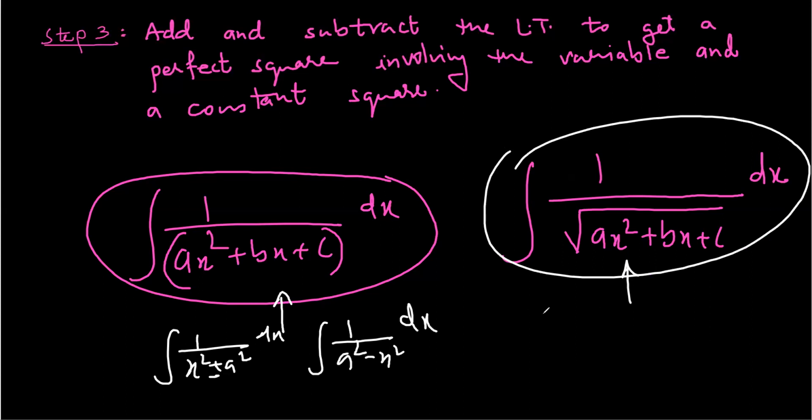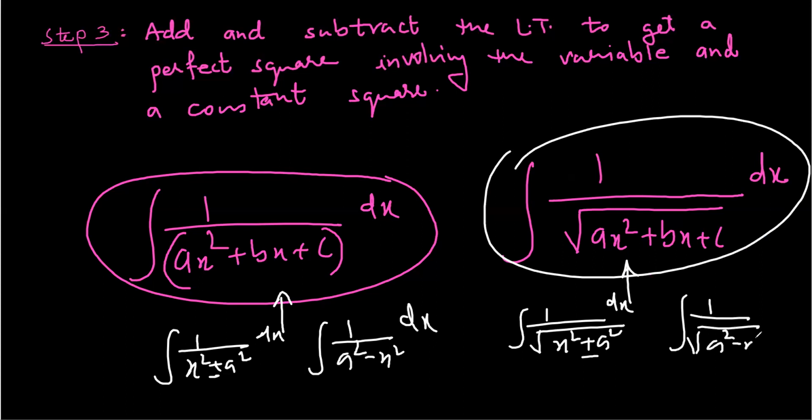It was 1 upon root of x square plus a square dx, 1 upon root of x square minus a square dx, 1 upon square root of a square minus x square dx. And this time, which theory we will use? We will use set 3 theories. Why? Because this time we have the quadratic inside the square root in numerator, and hence set 3 theories.